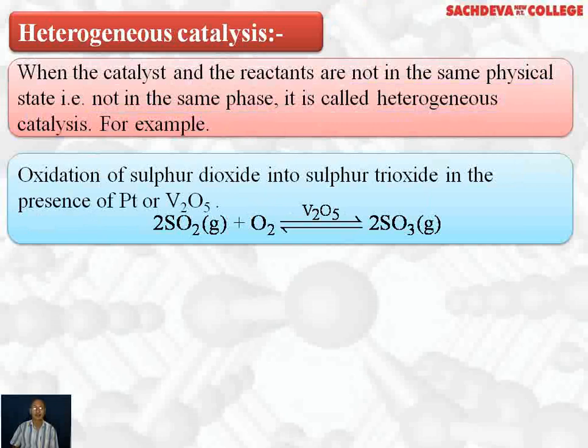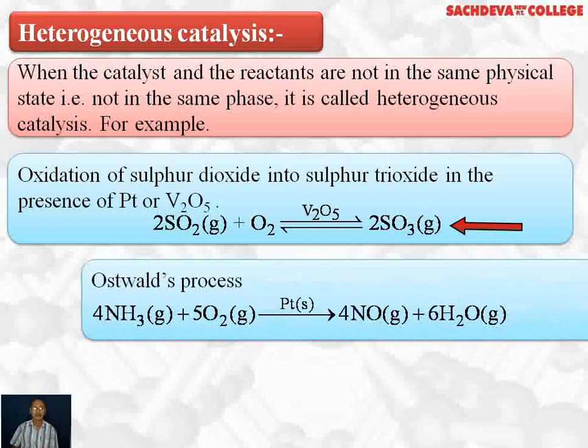For example, oxidation of sulfur dioxide into sulfur trioxide in the presence of platinum or V2O5. This process is called the contact process. 2SO2 gas plus oxygen gas gives 2SO3 gas in the presence of vanadium pentoxide. Vanadium pentoxide is a solid acting as a catalyst, whereas the reactants SO2 and oxygen are gases. This is an example of heterogeneous catalysis.